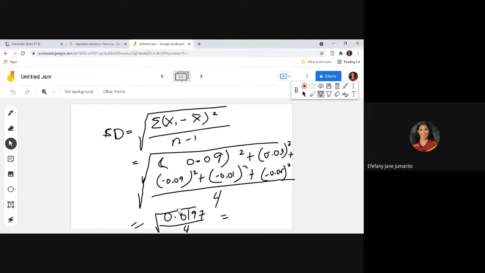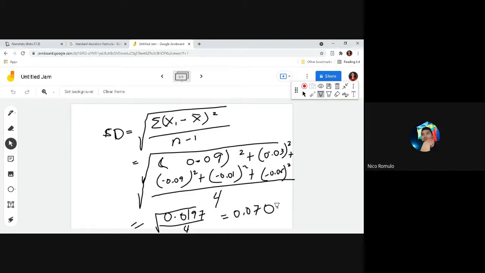Sige, calculate ani. 0.0197 divided by 4 is 0.05. Then we have square root of that one. 0.07. Yes, ma'am. 0.0707.